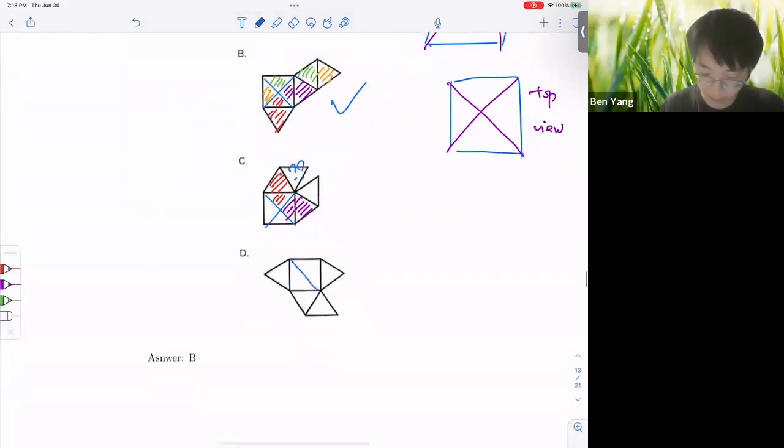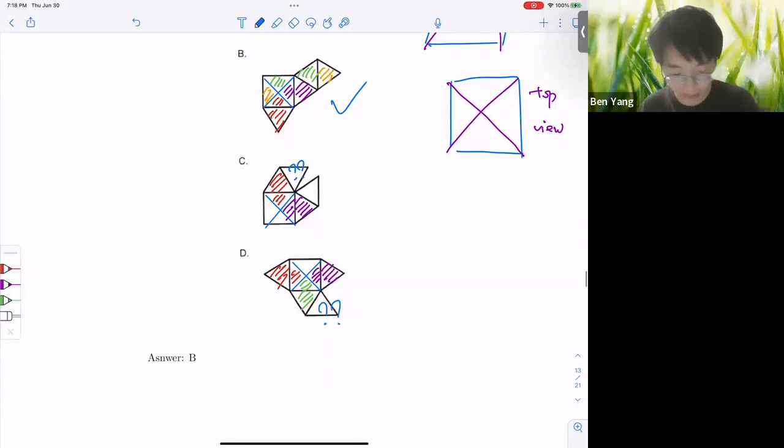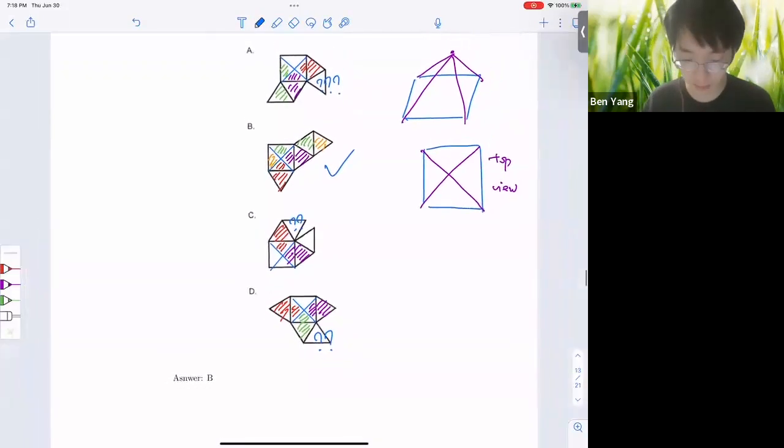And for part D, red, red, purple, purple, and then green, green. Now, the last one will probably go to the spot that's already taken by purple. So that one doesn't work either. So the correct answer is B.